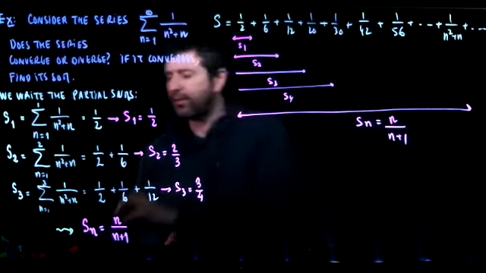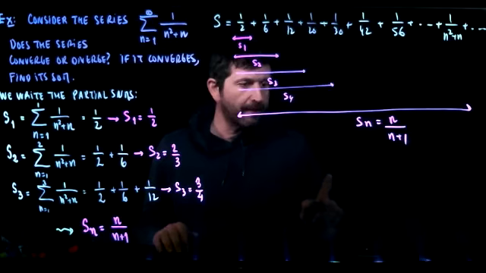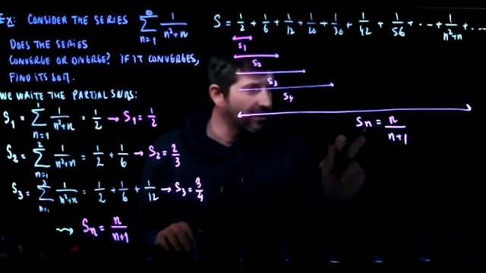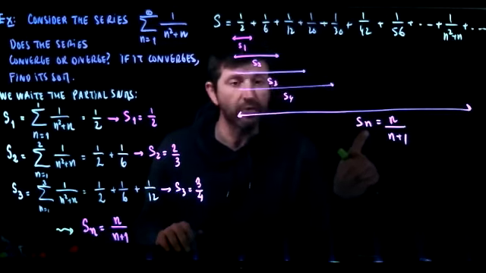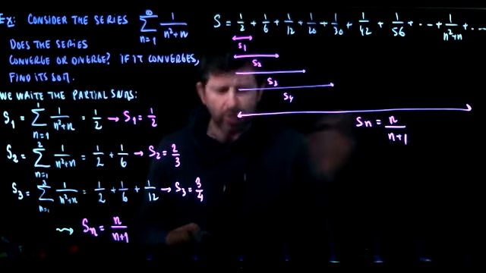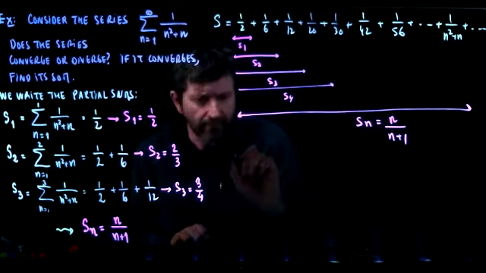Okay, so let's keep going. What I just found is that Sn, the sum of the first n terms, is n over n plus 1. So let's now answer my question.